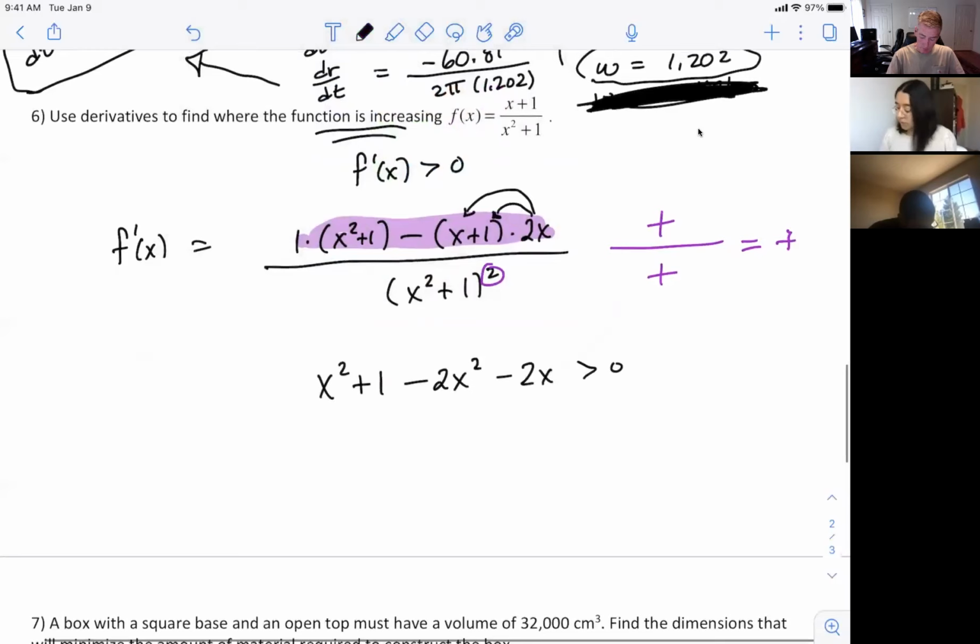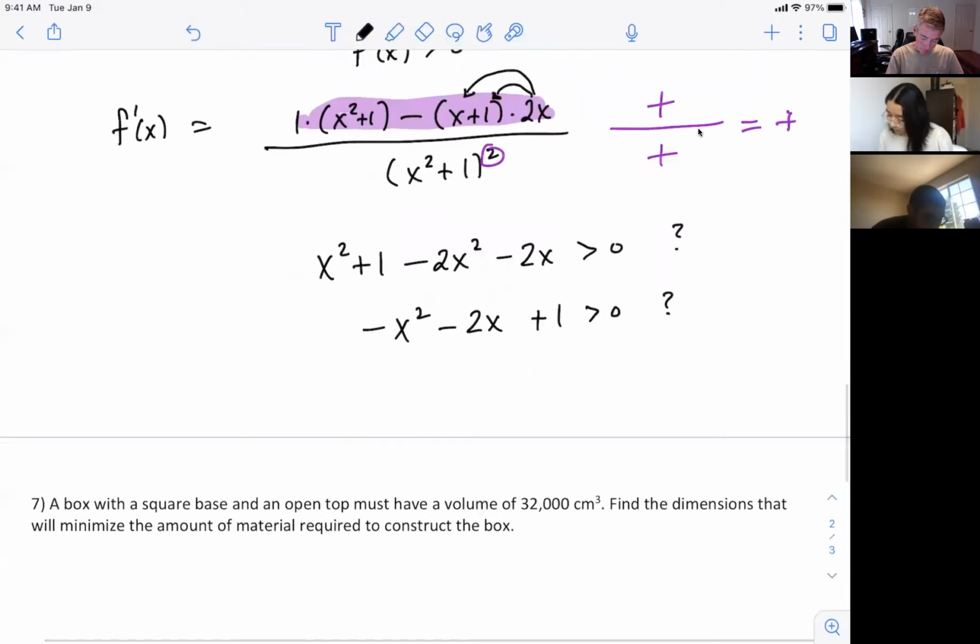So when is that positive? Well, I could combine the like terms, negative x squared, and then minus 2x, and plus 1, and where is that positive? Well, in order to find out where it's positive, what I'll do is I'll set it equal to 0, because 0 is the dividing number between the positives and the negatives.